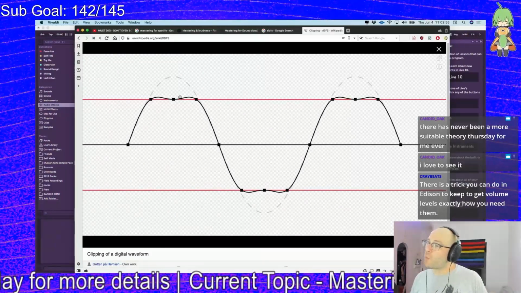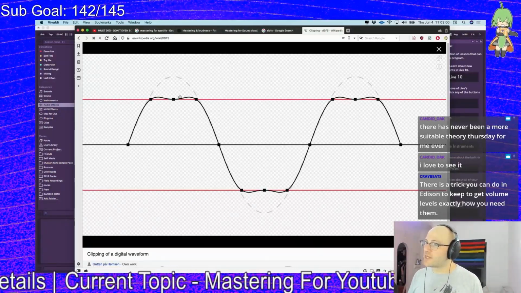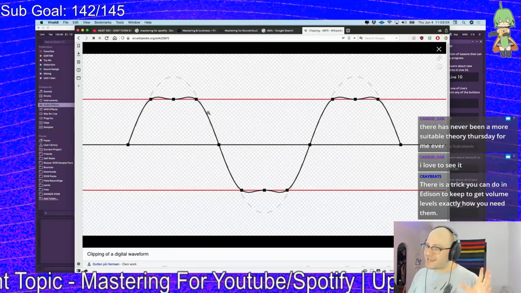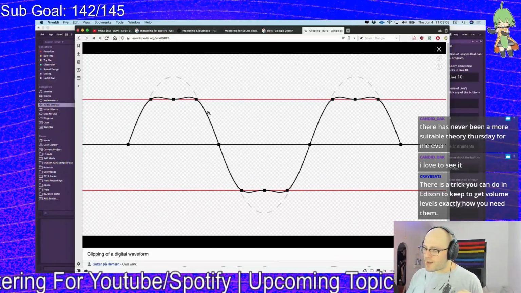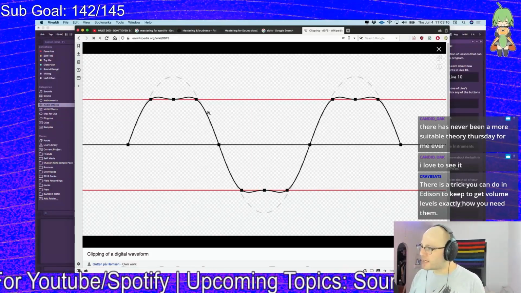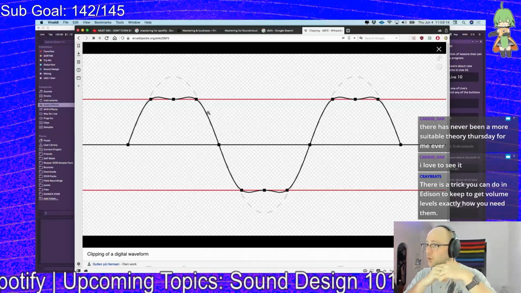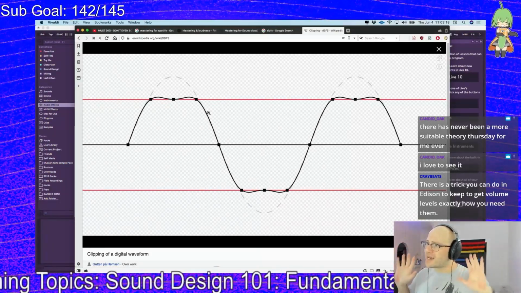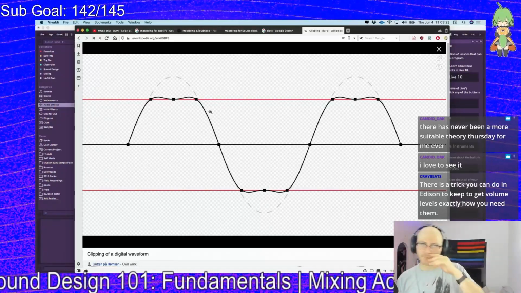That gives you more control over the perceived loudness of the signal as contrasted with the decibel loudness or the physical volume of the signal. This is why I try to say, even though volume and loudness are closely connected, they are two separate concepts that exist in kind of separate scales of magnitude.